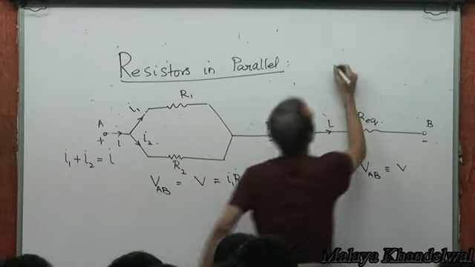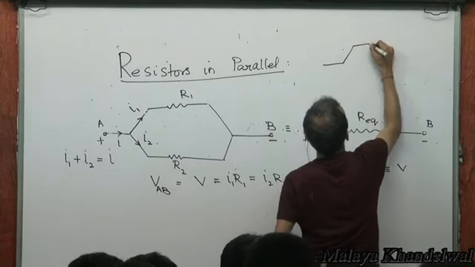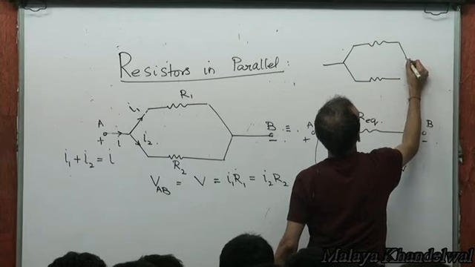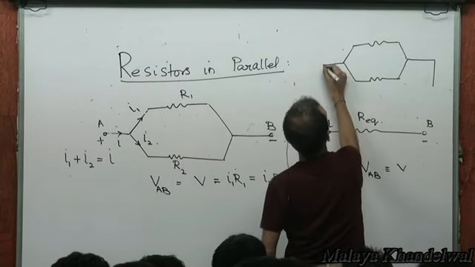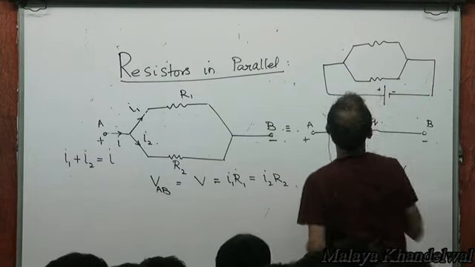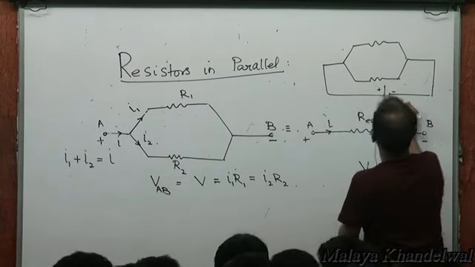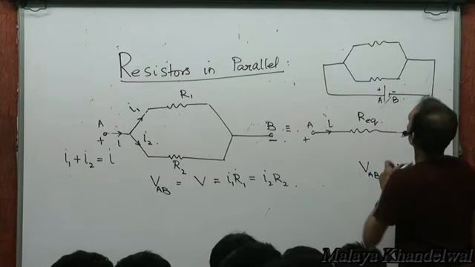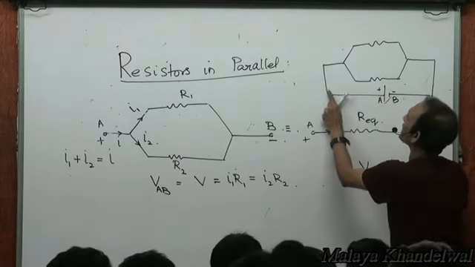See, Siddhant, this is the circuit essentially. This point A, this terminal A of the battery, this terminal B of the battery. Electrically, all these points are A's.